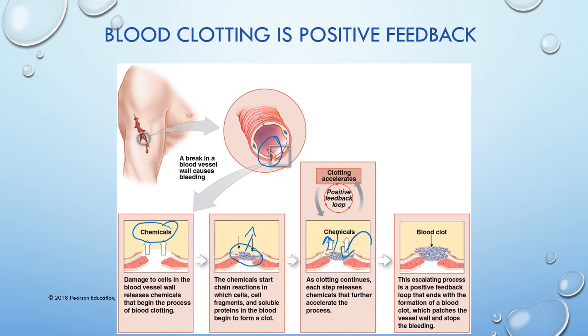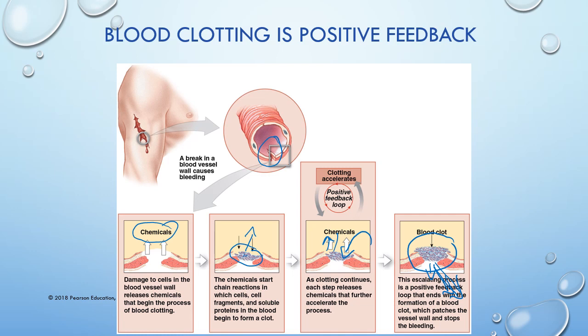They bring in more of the clotting cascade. This keeps on going until we have a blood clot, until there's no more blood coming through that vessel. We've stopped the process altogether. Or the person has essentially bled and bled, and they've bled out and essentially died. With a positive feedback loop, something big has to happen.